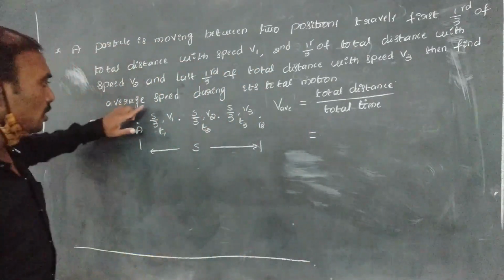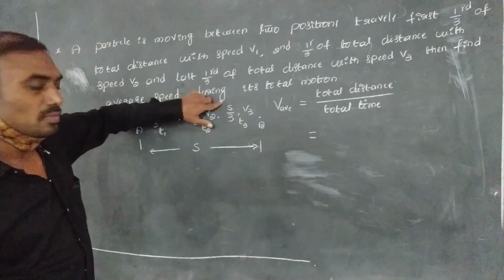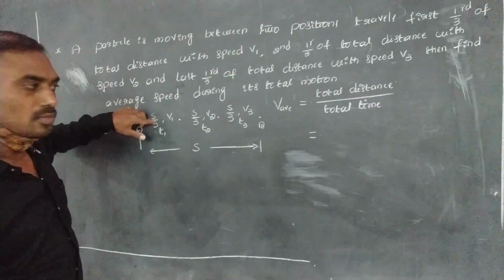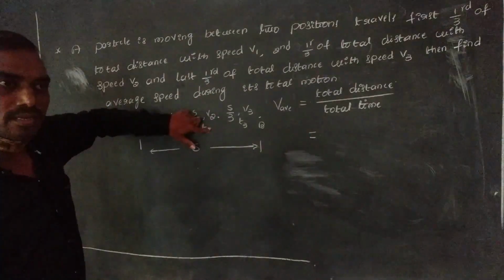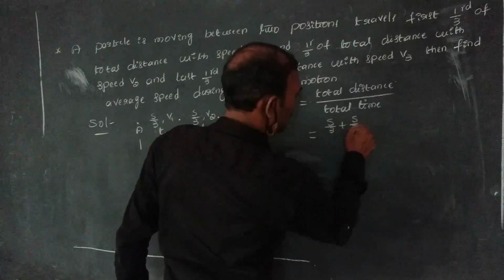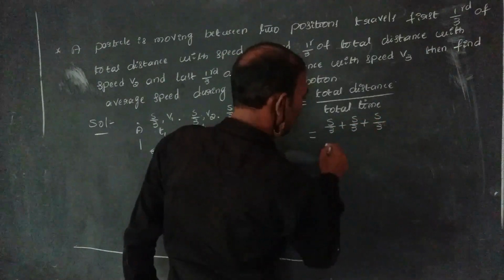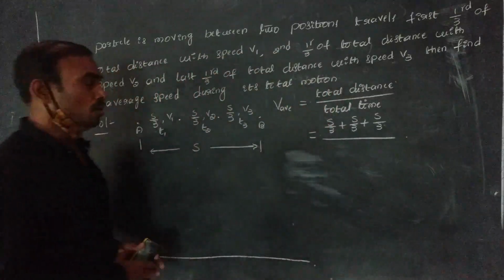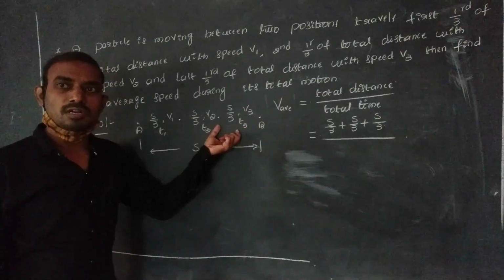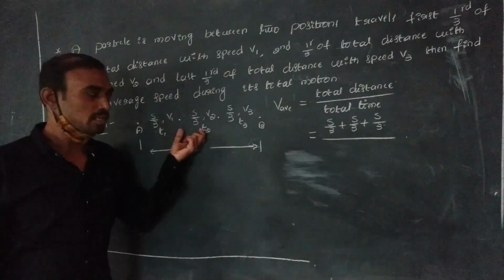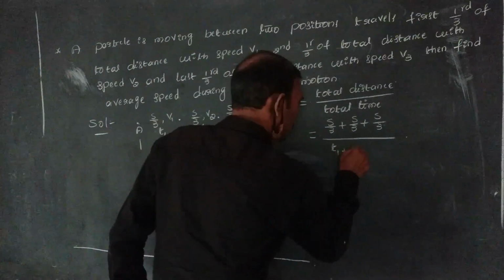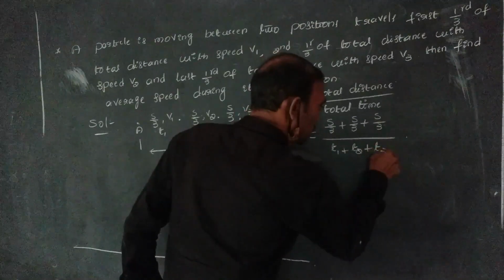Here the total distance is S by 3 plus S by 3 plus S by 3, whole divided by the total time taken, T1 plus T2 plus T3.